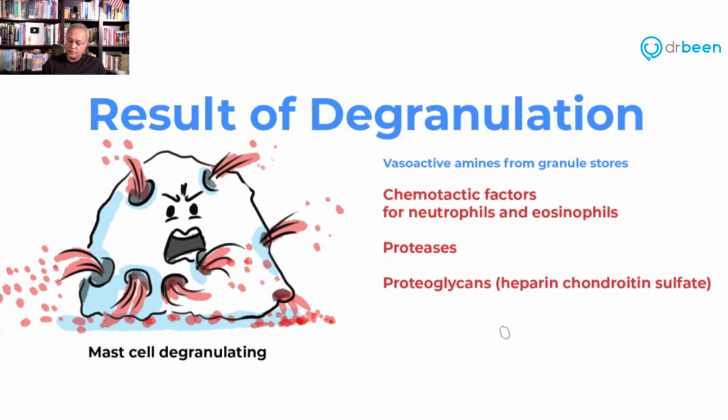Further, the amines produced are chemotactic, meaning it's not sufficient for them that they have caused leakage of the fluids there, or they have caused vasoactivity, blood vessel dilatation, and other such problems. They are now going to call immune system cells to come in that area and start attacking the tissue and allergen there.